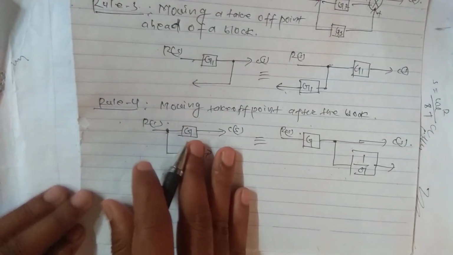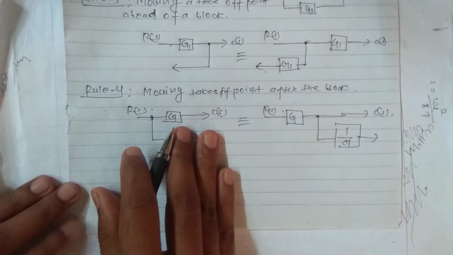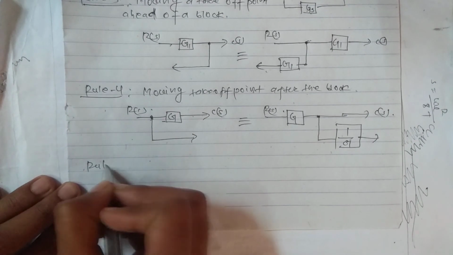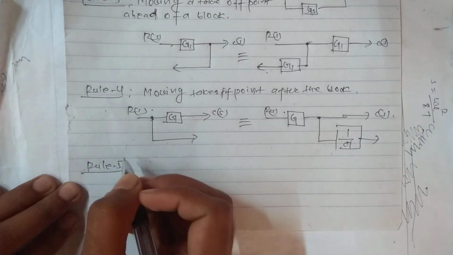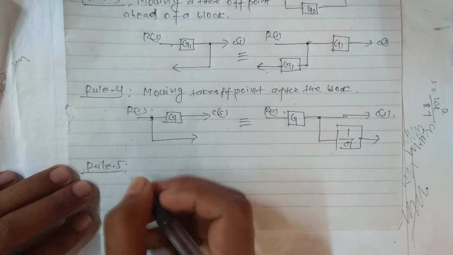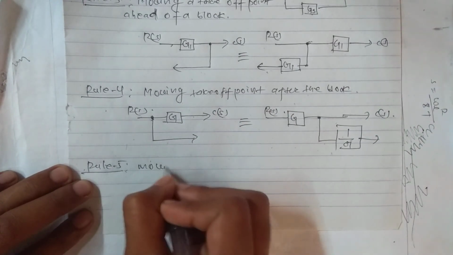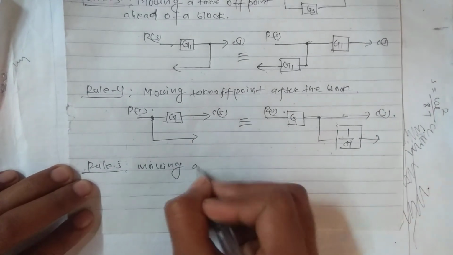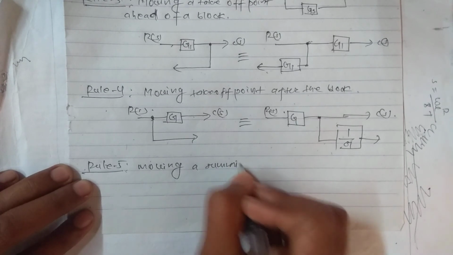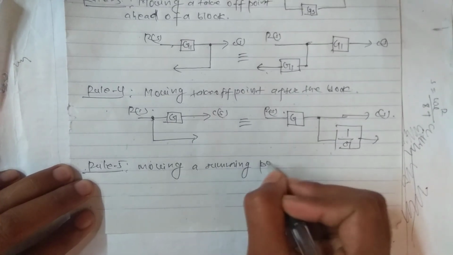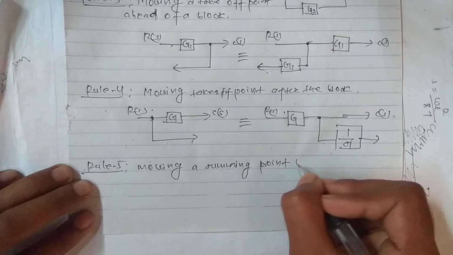And we have the fifth rule, moving a summing point beyond a block.